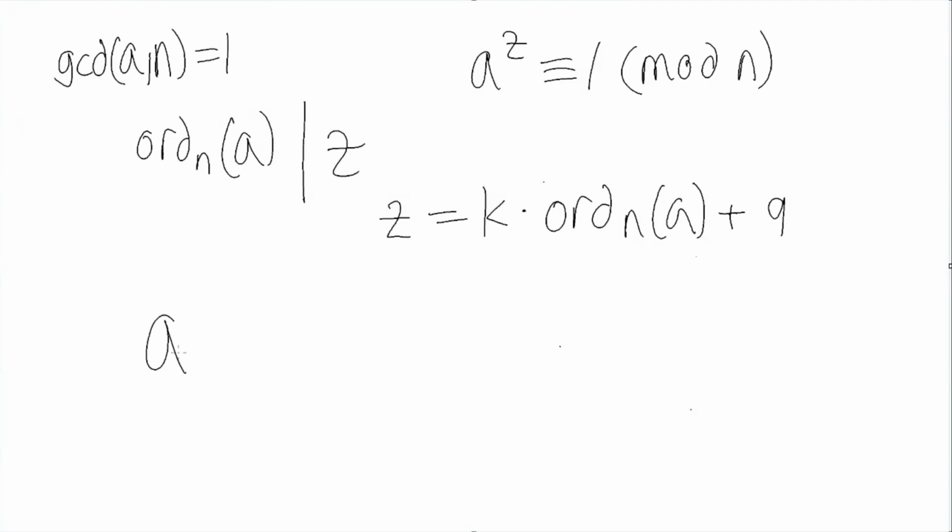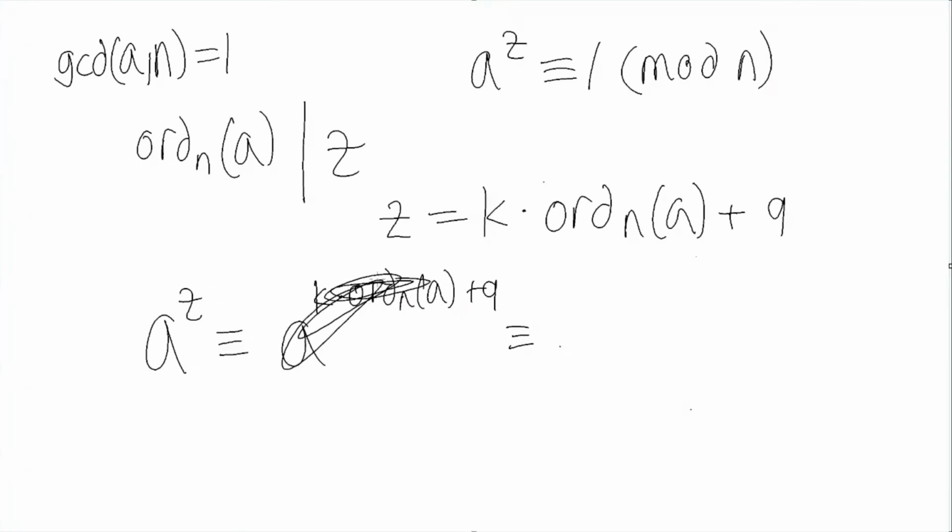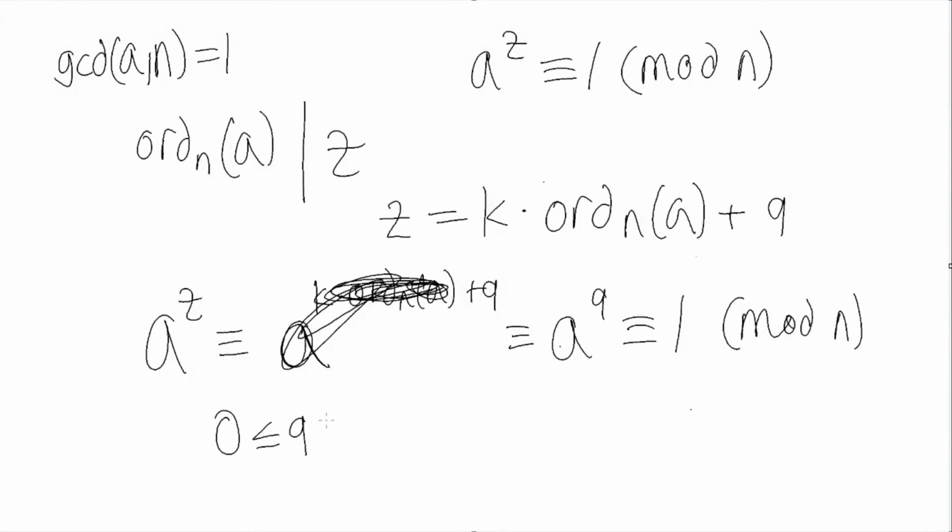Then this means a to the power of z is equivalent to a to the power of k times order plus q. Then this term here just goes away. And what we're left with is a to the q, and that's equivalent to 1 mod n. And recall that this means 0 is less than or equal to q, which is less than the order.